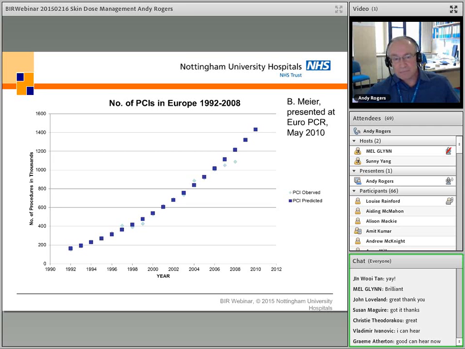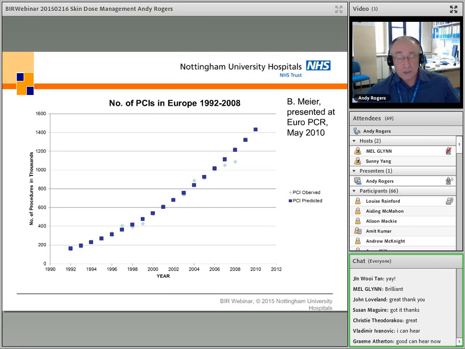In terms of the European picture, this was published a few years ago. The dark blues is the predicted and the light blue is the observed, or the observed as I've written. And the light blues show a little bit of a sign of tailing off. And I think in some European countries they might have hit the natural clinical limit.